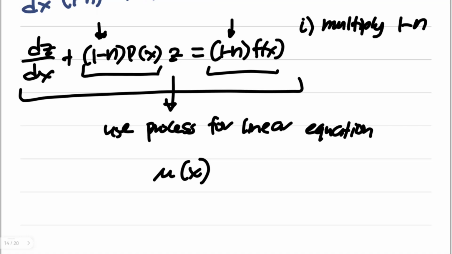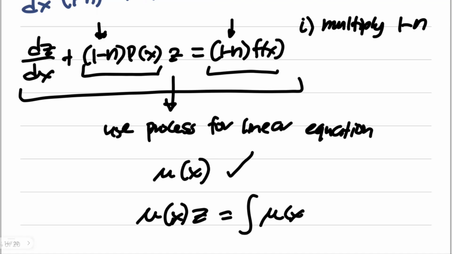Imagine if it's just equal to 2 or equal to 5 or negative 10. So your p of x and f of x have different coefficients. You still get to use the integrating factor, and then you are going to use the solution for this. By the way, z, not y anymore. You will have the integrating factor of p of x dx.